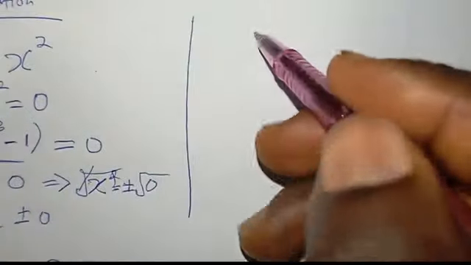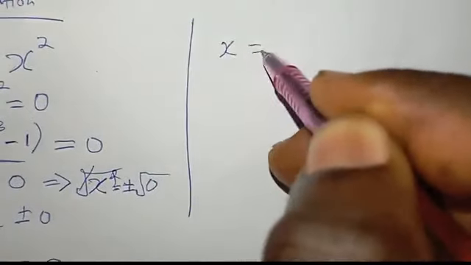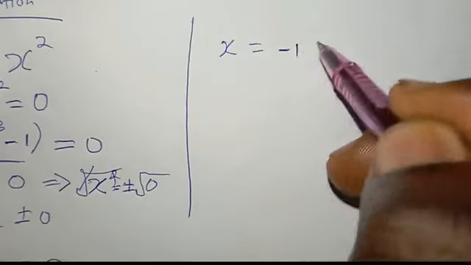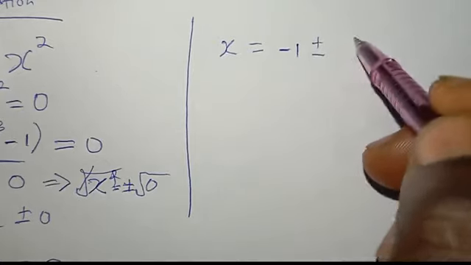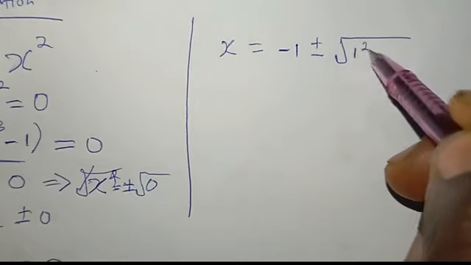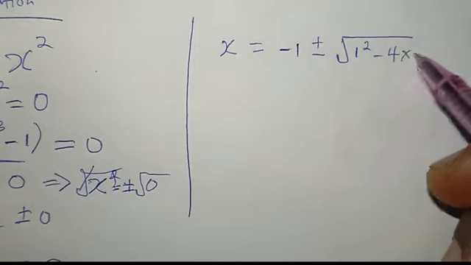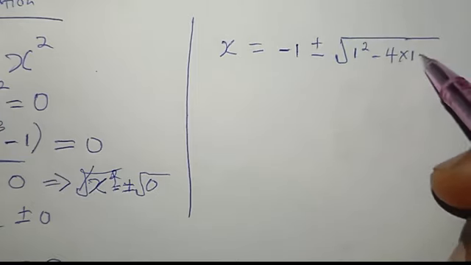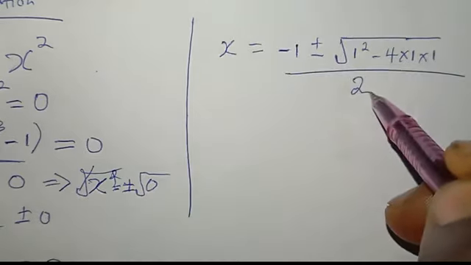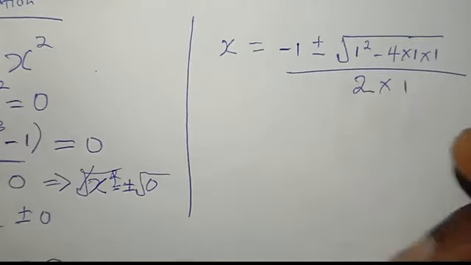Okay, so we have that our x is now going to be given as minus b, our b is 1, and then plus or minus the square root of b squared, which is 1 squared, minus 4 times a, which is 1, and then times c, which is also 1, all divided by 2 times a.